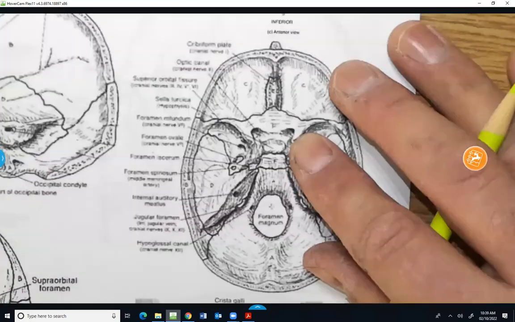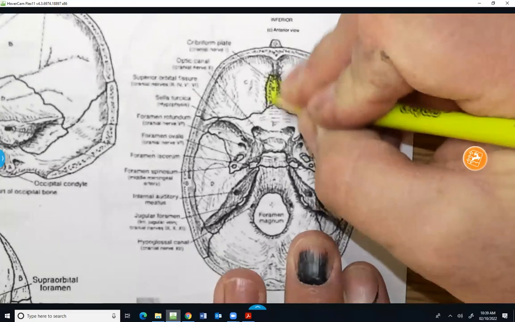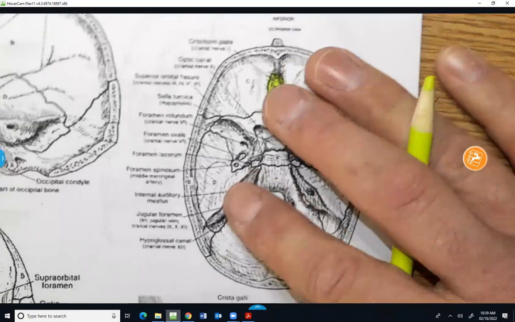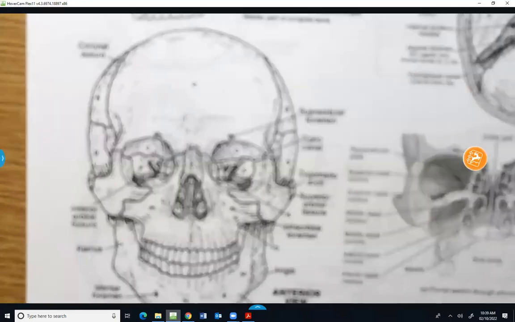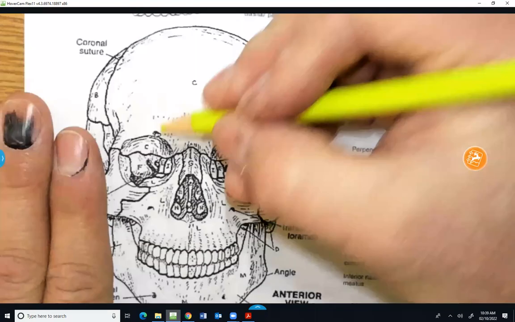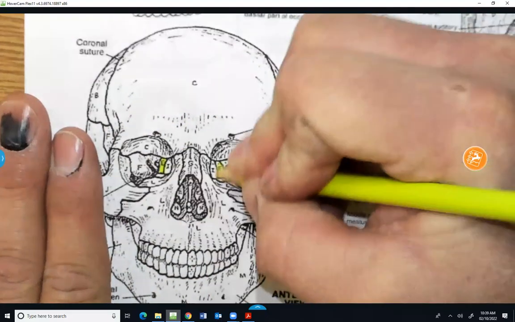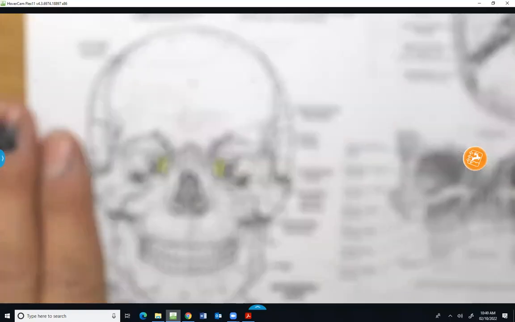And our superior view, looking down the floor, you can see not a huge contributor to the cranial floor, but it does contribute nonetheless. And then it is very small and subtle, but it is part of our eye socket. Looks like there's two individual bones here, but it's the same bone. Okay, so it's involved with that.